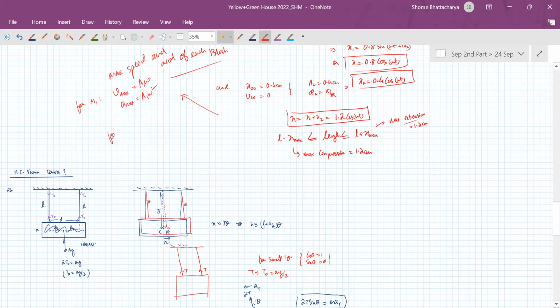And similarly for M2, the maximum speed will be A2 omega and the maximum acceleration will be A2 omega square. Nothing else is required. We found out A1, A2 and we know omega. So just add this to that solution. That was the last part of the question, the fourth part.